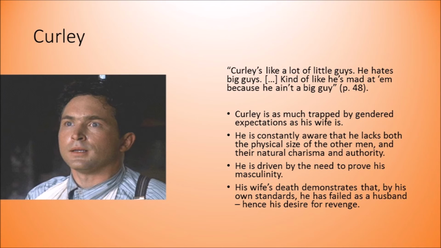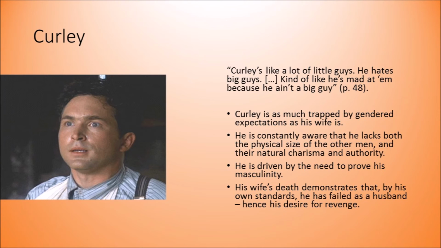And his reaction to the death of his wife needs to be looked at through that framework. He isn't upset because he loved his wife and now she's dead. He's upset because the fact that his wife is dead means that he has failed to protect her. He has failed to live up to the stereotype of what it means to be a husband, a stereotype that he's accepted.